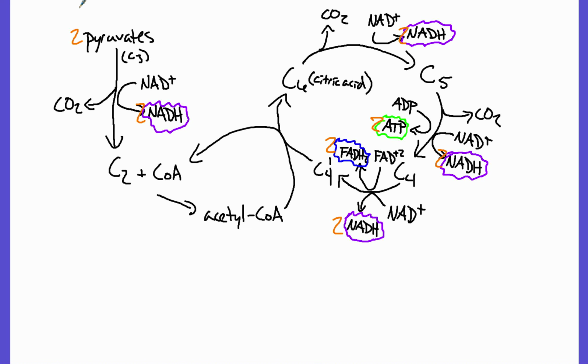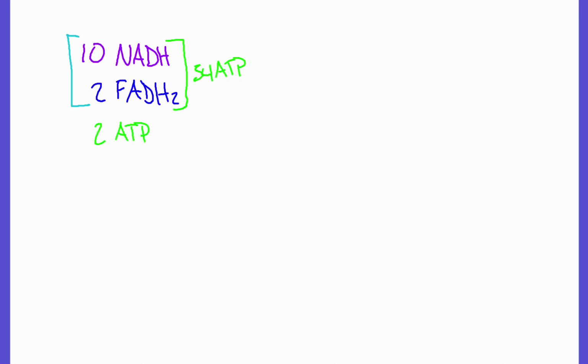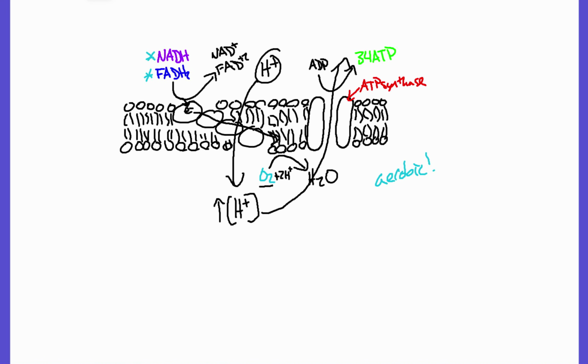Then I go to my cycle here. I could take high energy molecules, reverse everything here, make a 6-carbon molecule that could be glucose. Everything is the same, it's just backwards. All right, so that should be good for this picture.